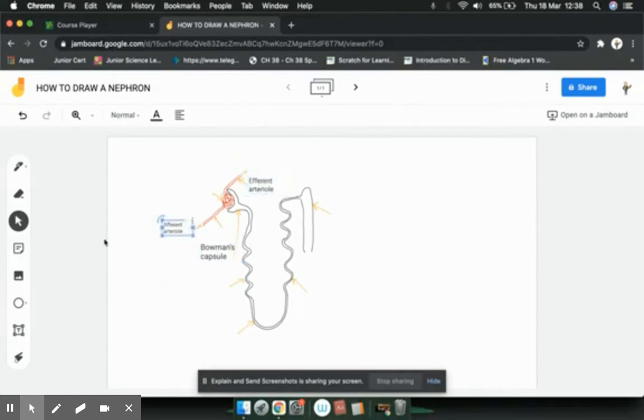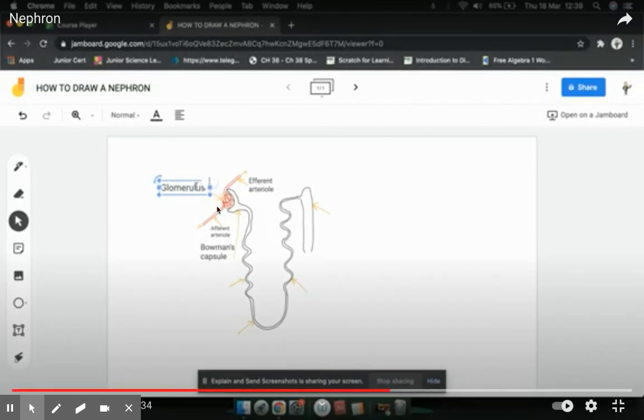The other thing then is, when you go down to the loop of Henle, it's important maybe sometimes to highlight that there is the descending limb, which is this one here, and we've also got the ascending limb of the loop of Henle.